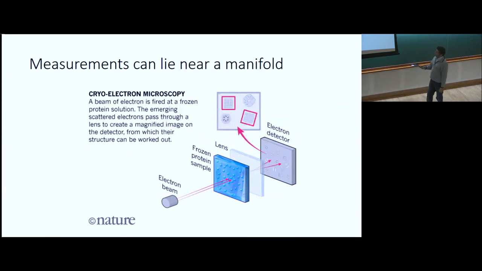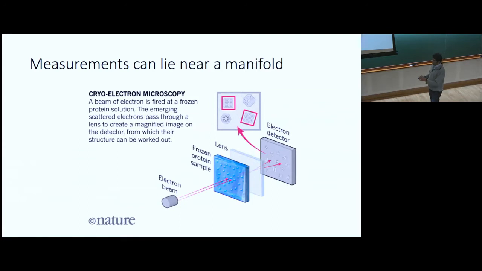So why is manifold learning relevant for this? Well, the space of rotations of a 3D molecule is SO3, which is a manifold. And so you can associate these different views of a 3D molecule with points on this manifold.